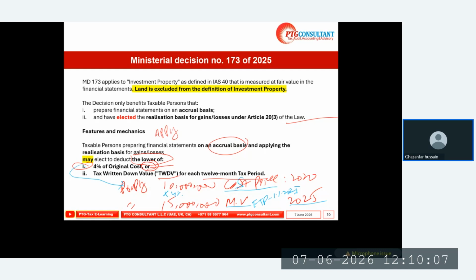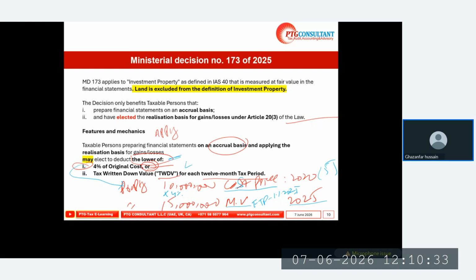As of now, the first tax period value is this. We might have 4 years, 5 years. But what we are looking for is the lower of. We will calculate on the 10 million. So what is missing here? The life.